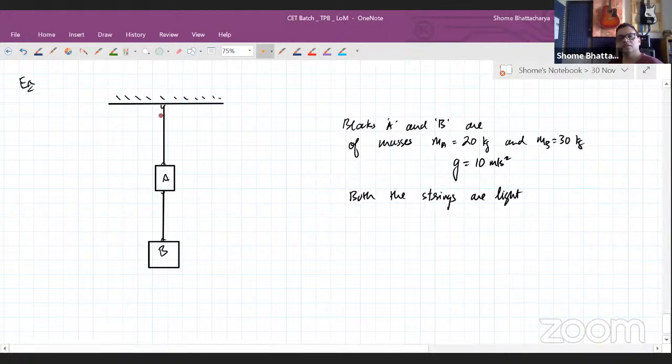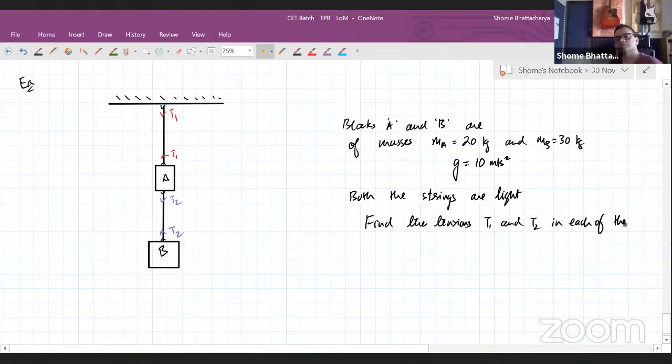So we have to find the tensions T1 and T2. This should be a fairly easy example. Work it out. Find the tensions T1 and T2 in each of them. All you have to do is make the free body diagrams of the individual blocks and find out.